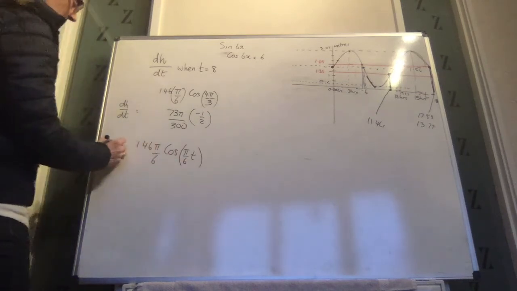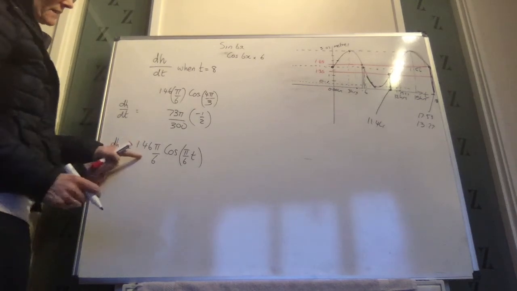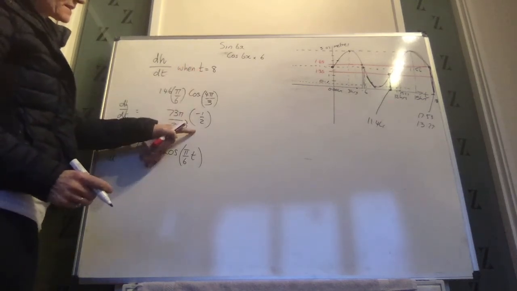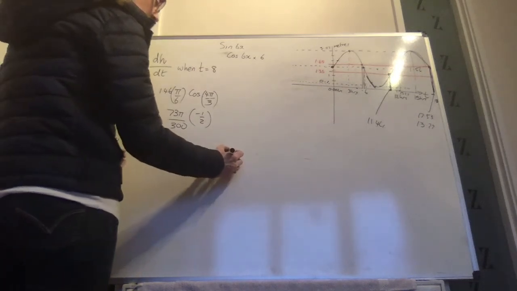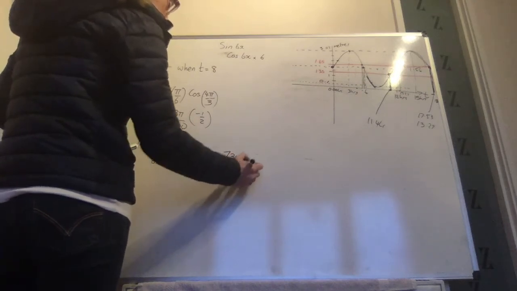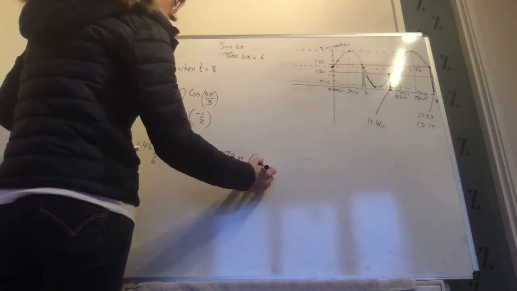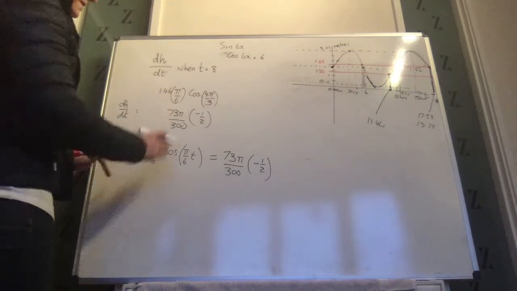That's dH by dt. When t is 8, dH by dt is that, and they want to know at what other times dH by dt is equal to 73 pi over 300 times minus a half, or 1.46 times pi over 6.